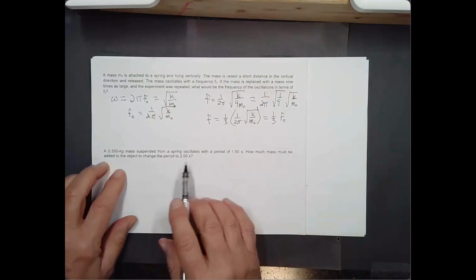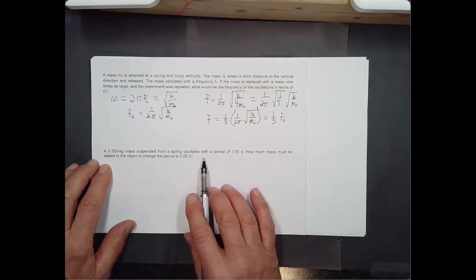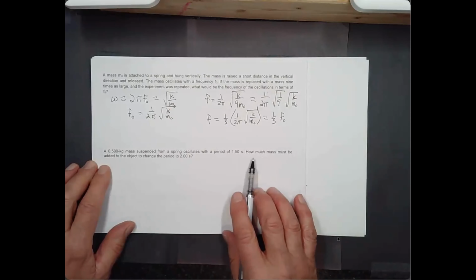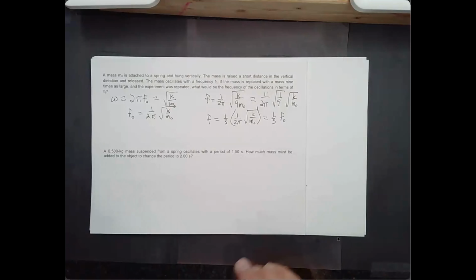Okay, here's another one. We have a 0.500 kilogram mass suspended from a spring, and it oscillates with a period of 1.50 seconds. How much mass must be added to the object to change the period to 2.00 seconds? Well, there are two ways to do this.